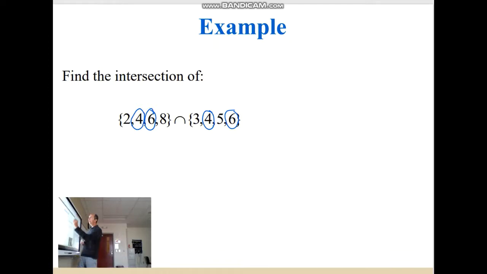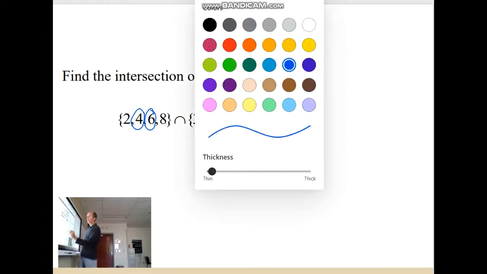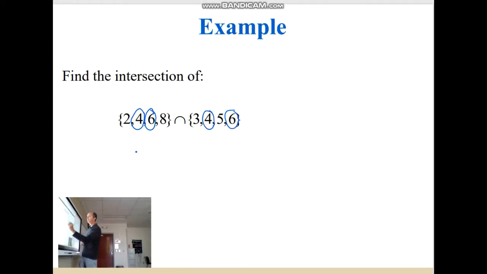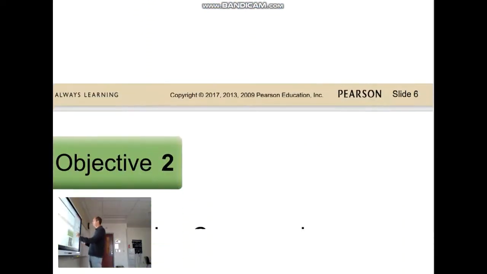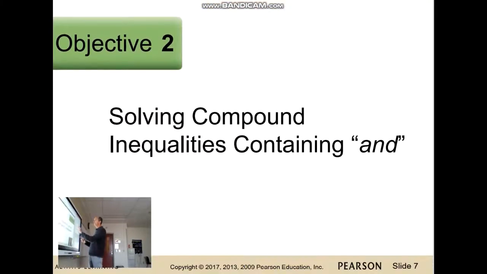So the intersection is going to be this set of numbers that are common, not 3. The common numbers are 4 and 6. This is a very simple example to remember how to work out intersection.